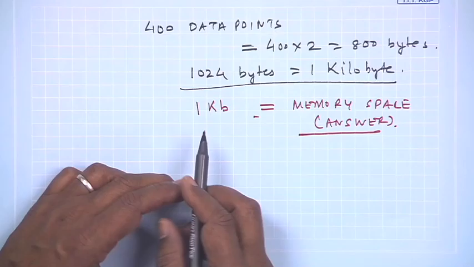Another hidden assumption is that any sampling you do has to obey the Shannon sampling theorem. Because 16 bit means 2 bytes of storage space, we require 800 bytes of storage space, and of course, memory blocks are available in powers of 2. So, the minimum amount of memory required is 1024 kilobytes.